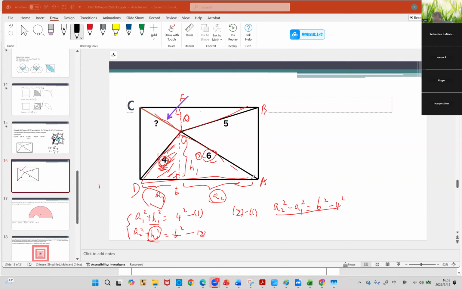Well, up there, since it's a straight line, this would be A2 and A1. So let's say this is x. So what we're trying to find is x. Then A1 plus A2 equals x. Let's say this height is h2.